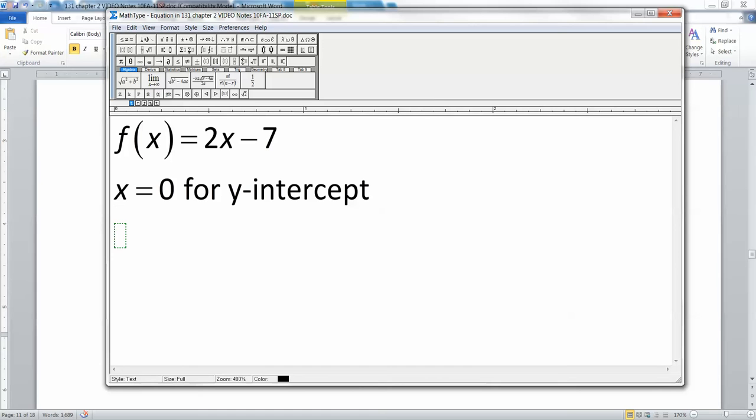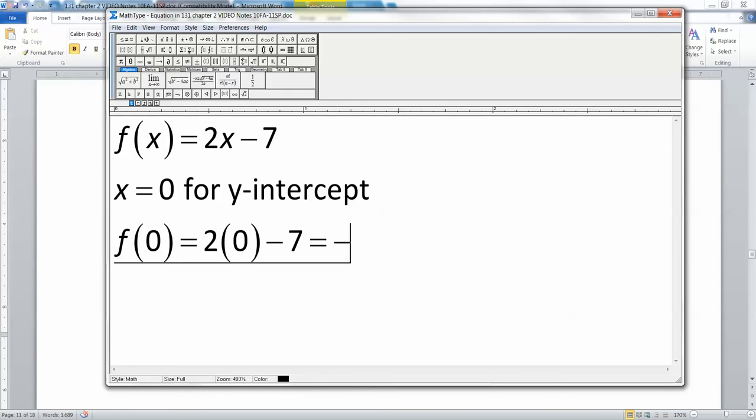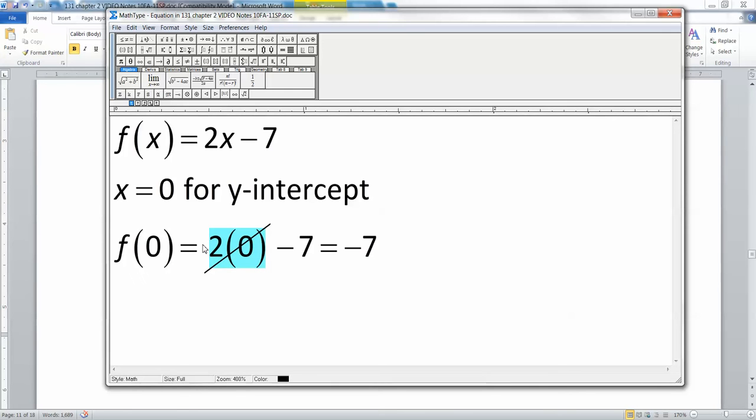So what I'm going to do is put x is 0. So f of 0 is equal to 2 times 0 minus 7, which is negative 7, because 2 times 0 is gone, right? Anything times 0 is 0. All right, so there's our intercept, 0, comma, negative 7.